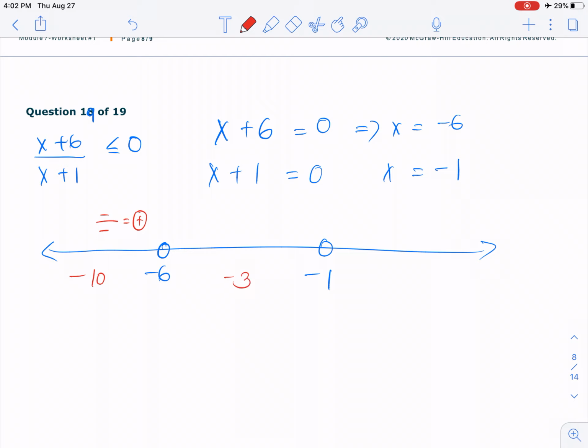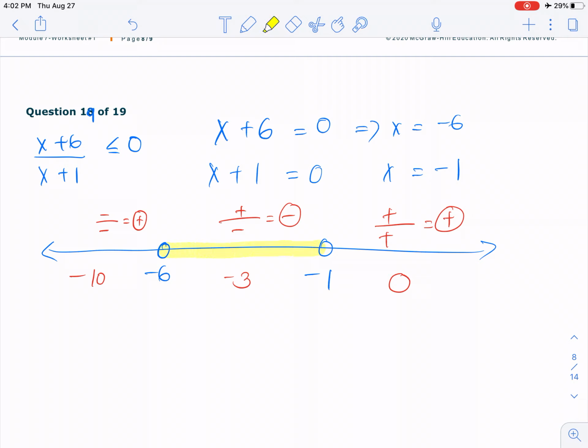In the numerator, I'm going to get a positive. In the denominator, I'm going to get a negative. So when you divide, you get a negative. This one, I'm going to take 0. So I'm going to get a positive on top, positive on the bottom, so it's positive for the quotient. Now, like I mentioned earlier, we want negative here. So we only want the middle one.